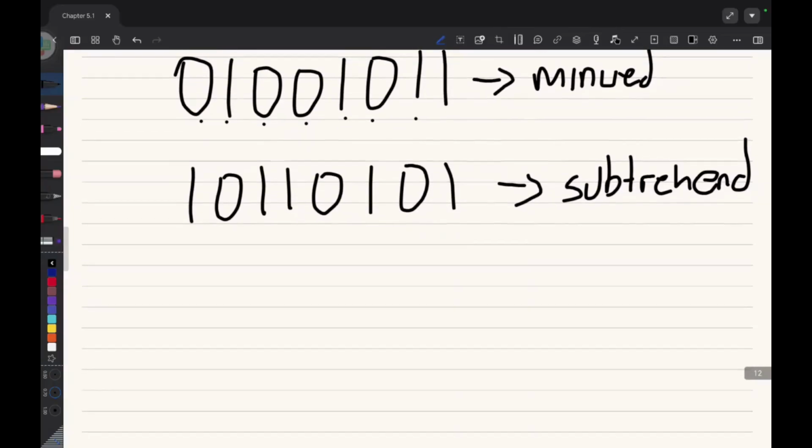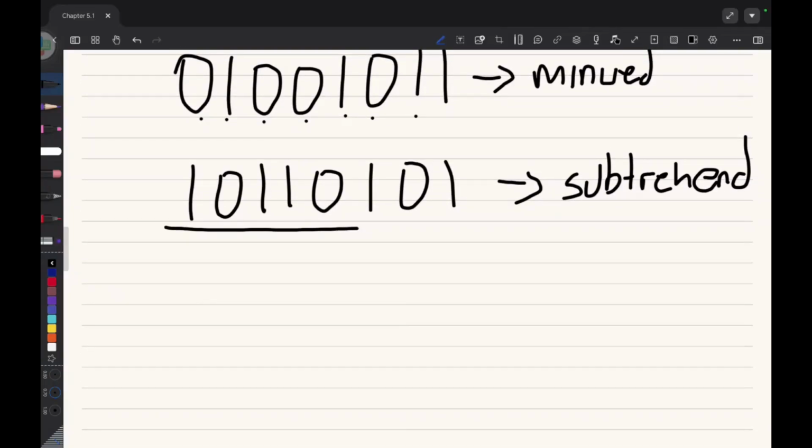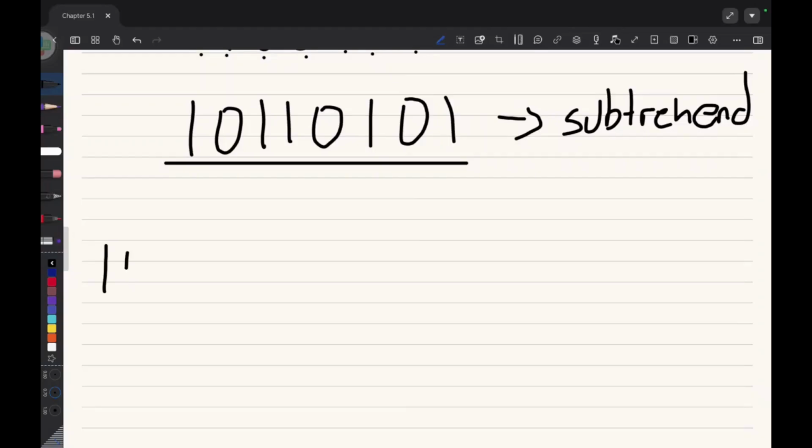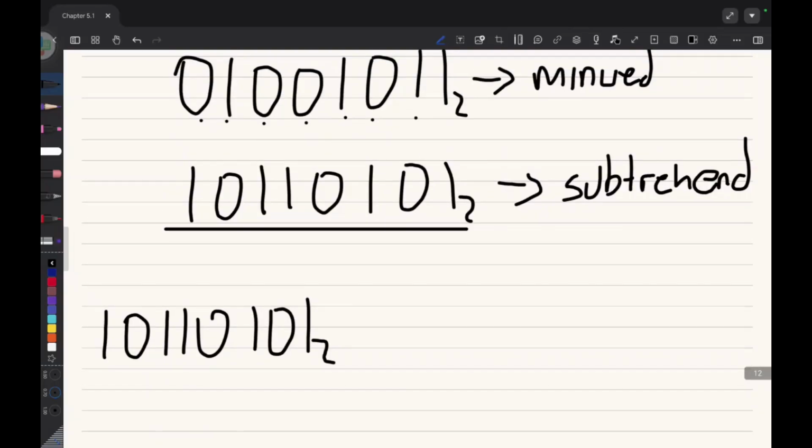Then the first thing that you're going to do is convert this number into the complement. A complement is when you convert numbers to be the exact opposite. Now the subtrahend is 1 0 1 1 0 1 0 1 in binary.